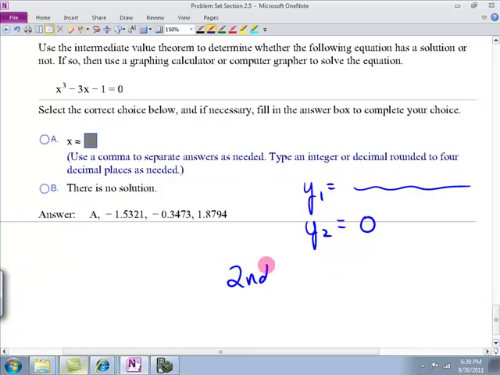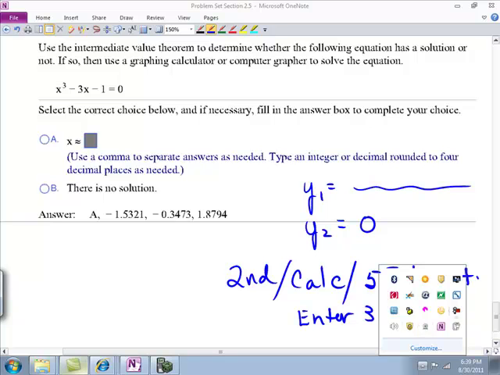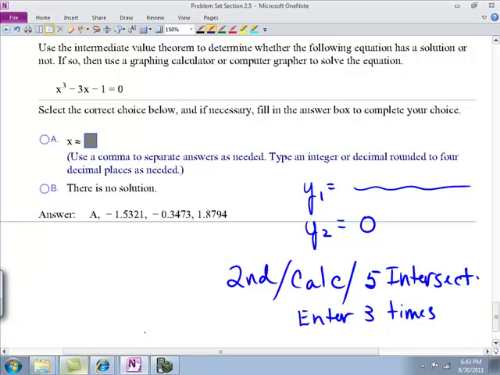And then do second, calc, choose number 5, intersect, and go close to that point on the x-axis. Hit enter 3 times. All right, so you should get these answers here on that question.